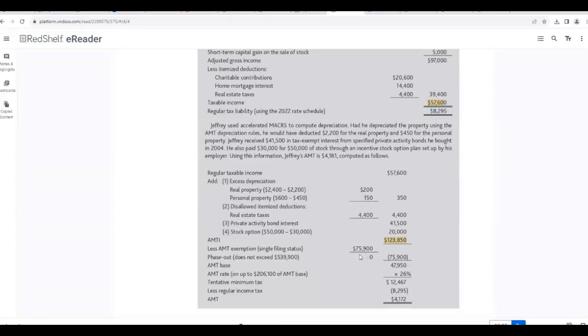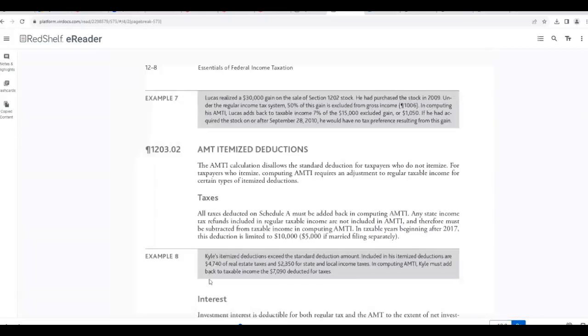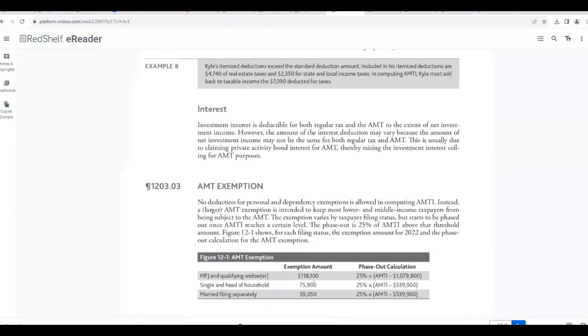Okay, but IRS says I'm a nice person, so I'm going to give you an exemption. Where do we find the exemption? Somewhere on page 12-8. Right there. If you are married filing jointly, the exemption is 118,000.